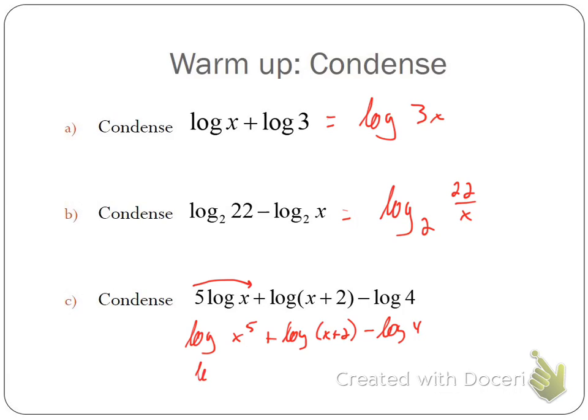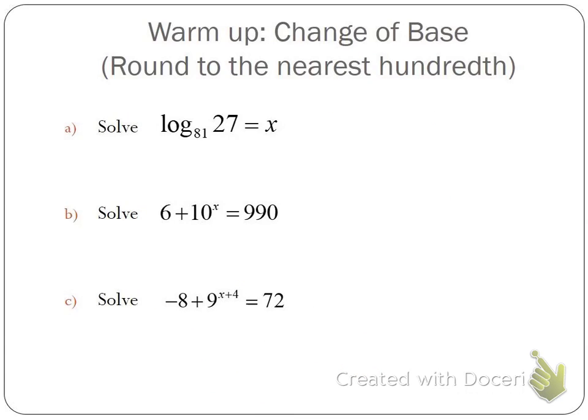For addition, we rewrite as multiplication. So we go log of x to the 5th times x plus 2. Minus log 4, and then subtraction we can rewrite as division. And so the 4 would go into the denominator of that division problem inside the logarithm. Okay? All right.